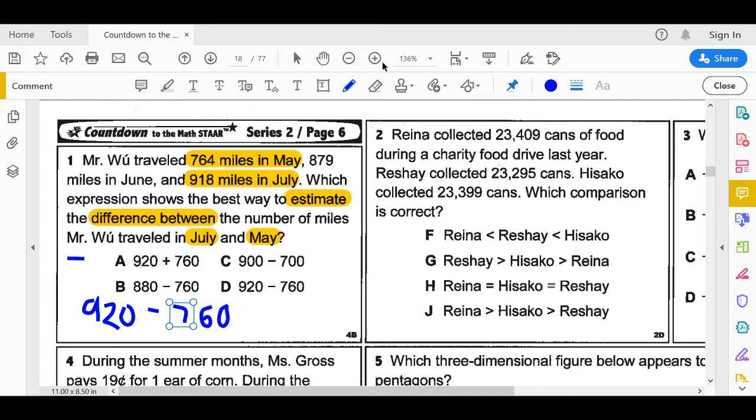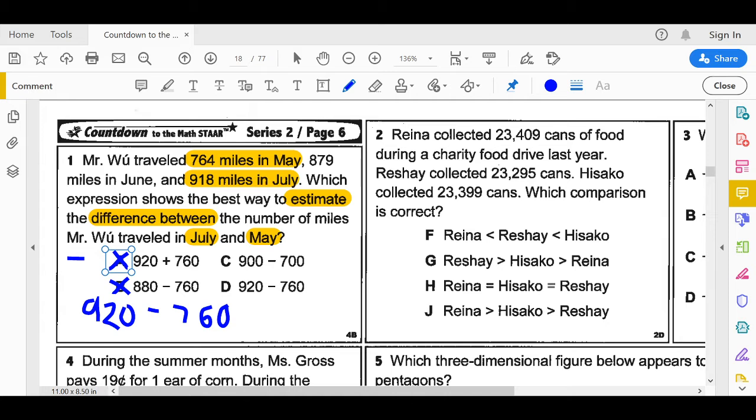Now that I have found this, which option looks like this? 920 minus 760. Well, I know it is not letter A because what it's doing is adding. Letter B does not have the numbers I need. Letter C, it's rounding but not to the nearest 10.